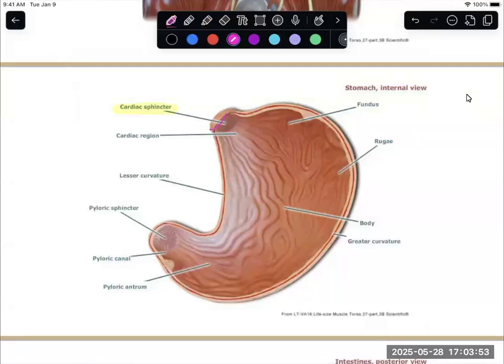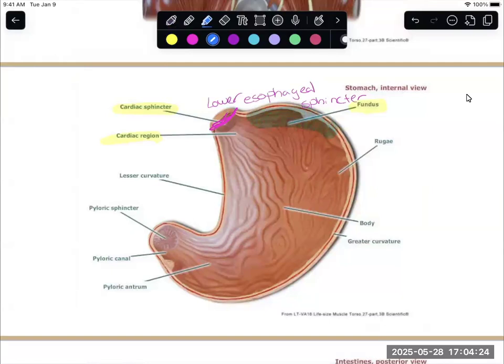This can also be known as the lower esophageal sphincter. The first part of the stomach is known as the cardiac region. The next part, this upper area up here, is known as the fundus.